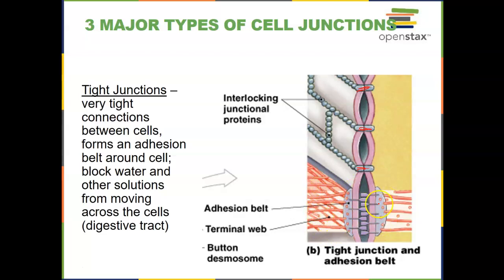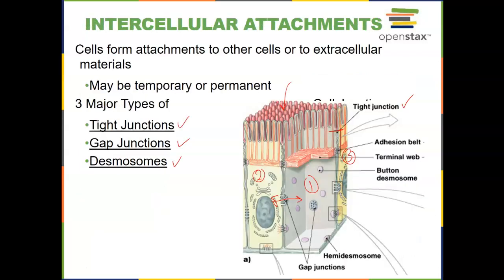The adhesion belt is a place where you, again, have a nice tight junction or joining between the two cell membranes and a joining with the adhesion belt. So this blocks water, okay? No water passes. It also blocks other things from being transported from one side of the membrane to the other.